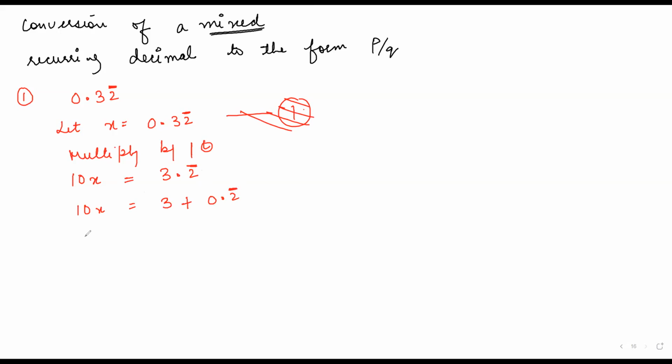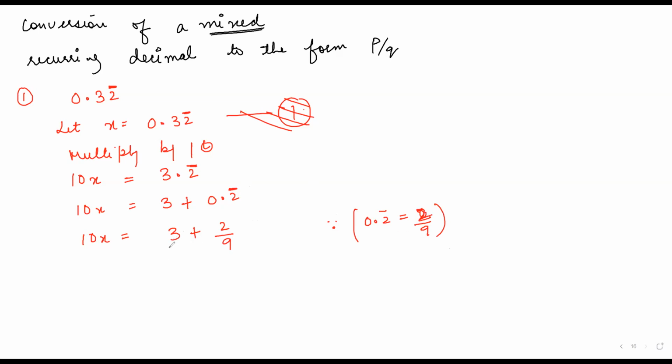Yes. So 10x will be 3 plus. Now we know the general rule. So 0.2 bar can be written as 2 by 9. So you will mention because 0.2 bar is equal to 2 by 9. This we already know. There's a general rule, right?